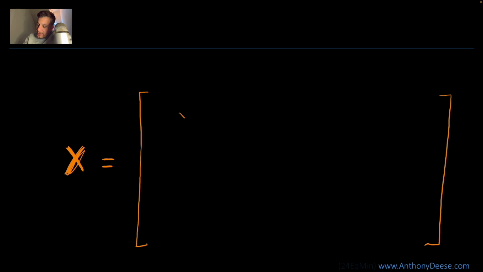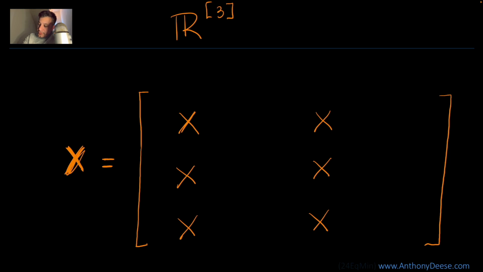I'm not going to index the elements. I'm just going to say X, X, X, X, X, X. So we have 3 rows, 2 columns, and the size of this would be 3, 2.